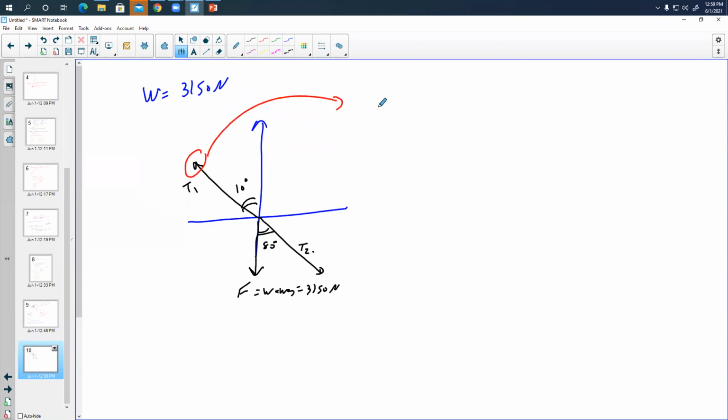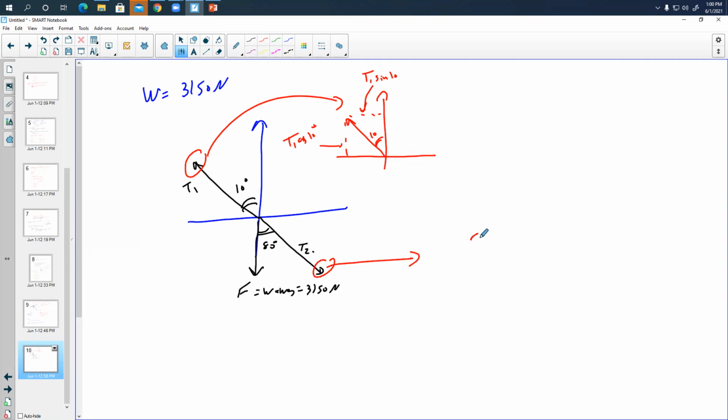The T1, that's going to be a combination of your x and your y component. So for your x component, it's going to be the opposite. So this will be T1 sine 10 degrees. For your y component, it's going to be T1 cosine 10 degrees.